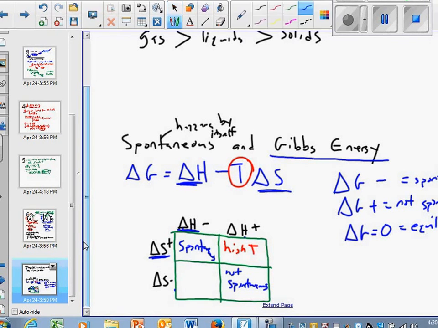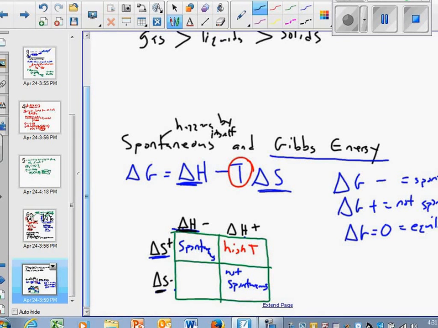Now when we have delta H and delta S both negative, right? Delta S and delta H both negative. Right? Again, temperature makes the difference.